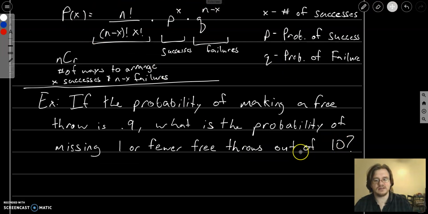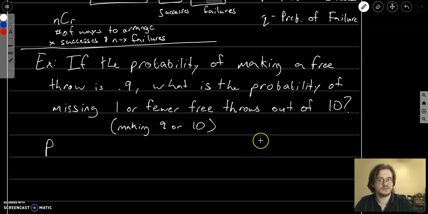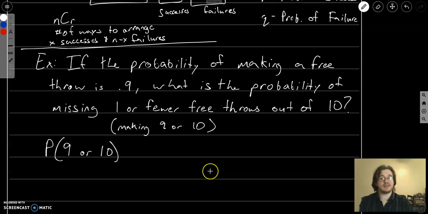To begin with, I want to point out that we're going to miss one or fewer free throws, which means this could be phrased as making 9 or 10 free throws. If we're going to miss 1 or 0, it means we're going to make 9 or 10. So what we want is the probability of making 9 free throws or making 10 free throws.